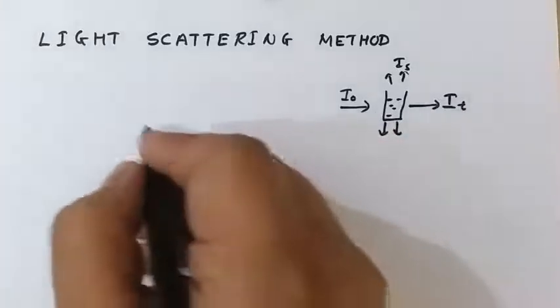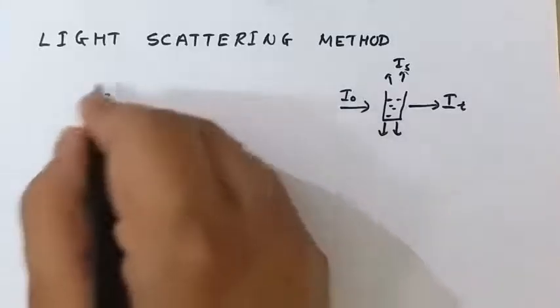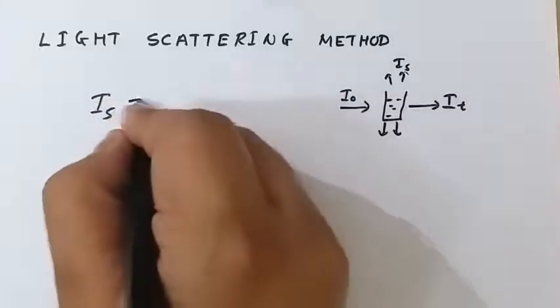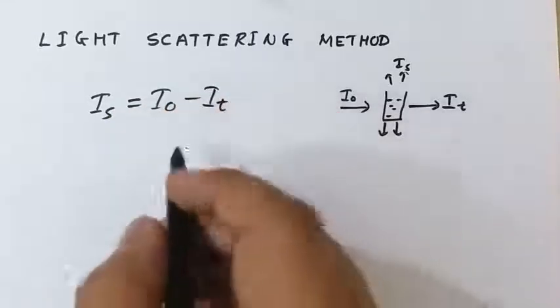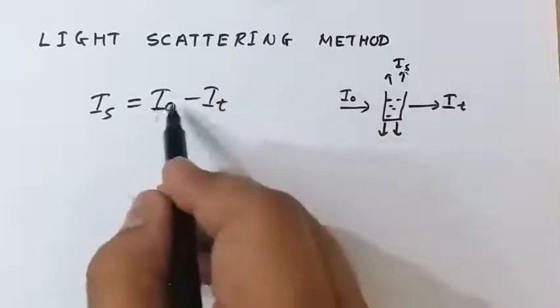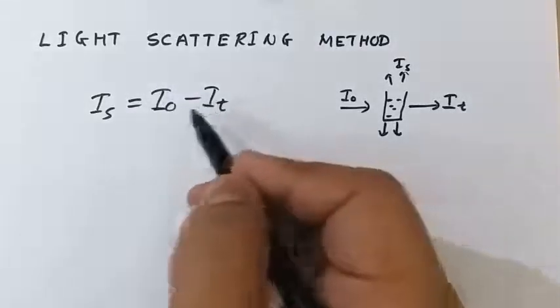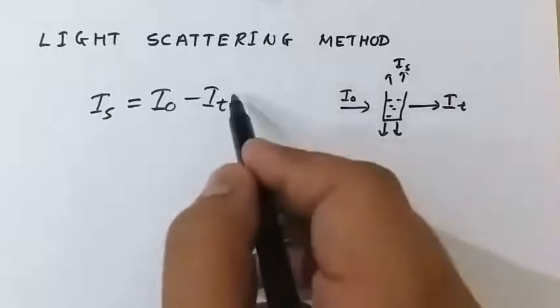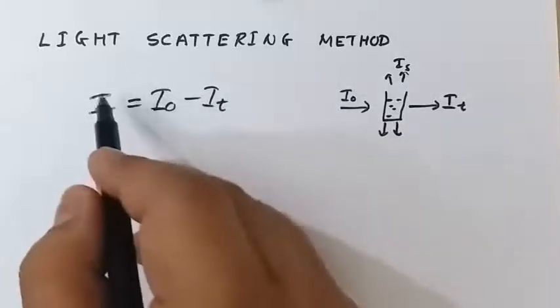So the intensity or amount of scattered light will be equal to I0 minus IT, where I0 is the amount of the incident light, and IT is the amount of transmitted light. So the difference will give us the amount of the scattered light.